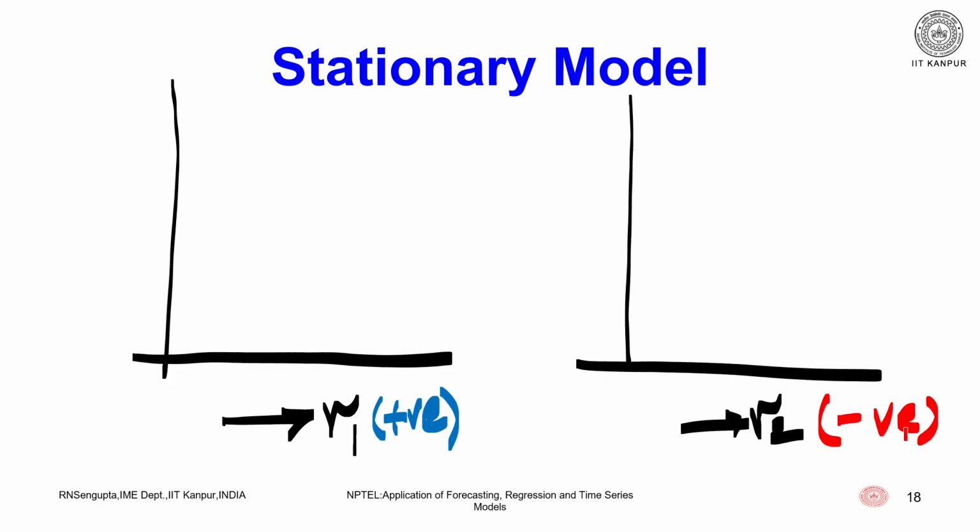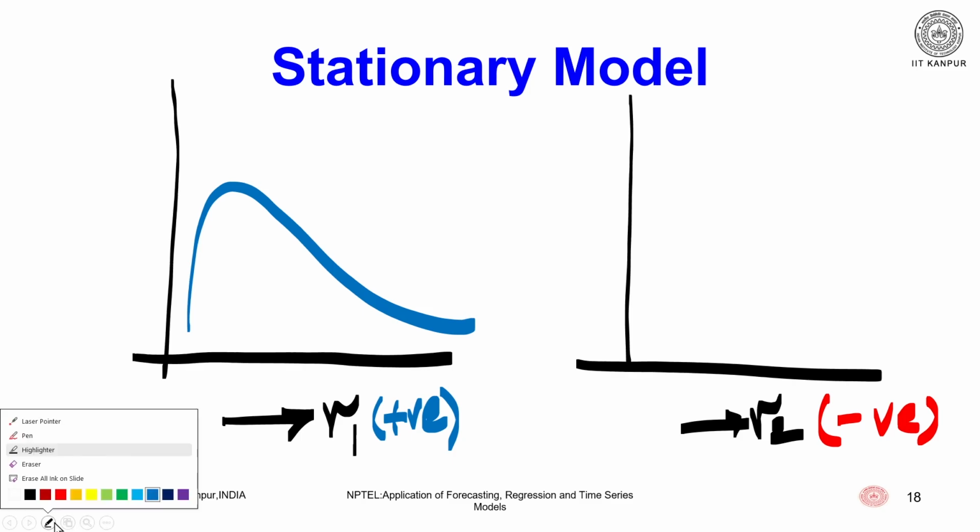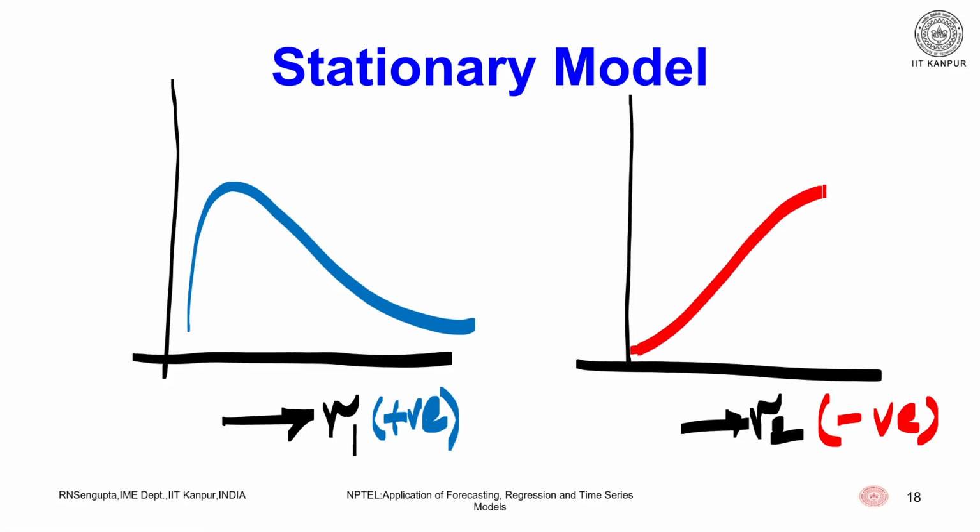In the positive one, the distribution would look like this, and in the negative part, so one is skewed to the left, one is skewed to the right.